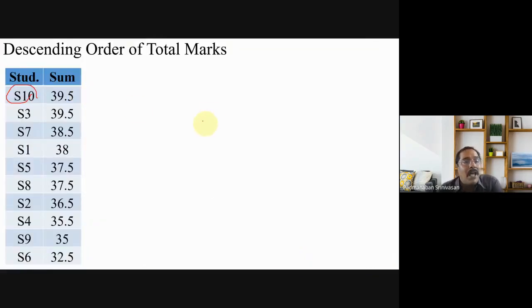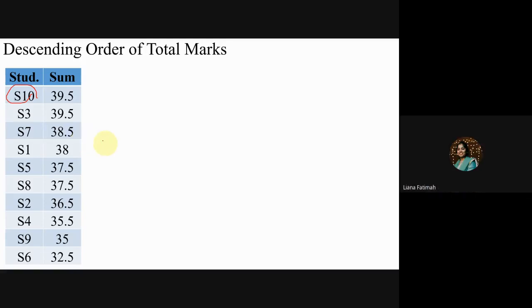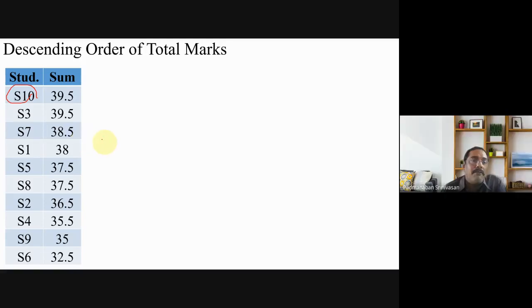Now, how to separate the high and low group? What is 27% of 10? 2.7. Roughly, we can take 3, because in humans we cannot say 2.7.